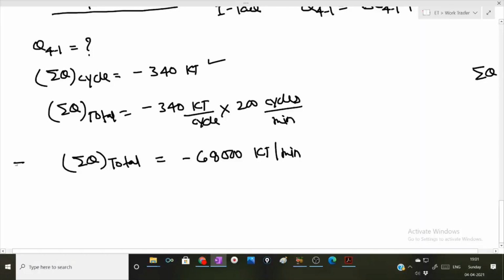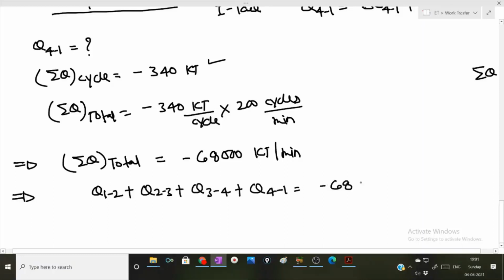Now, considering all the cycles, the summation Q total will be Q12 plus Q23 plus Q34 plus Q41, which is equal to minus 68,000 kilojoule per minute.